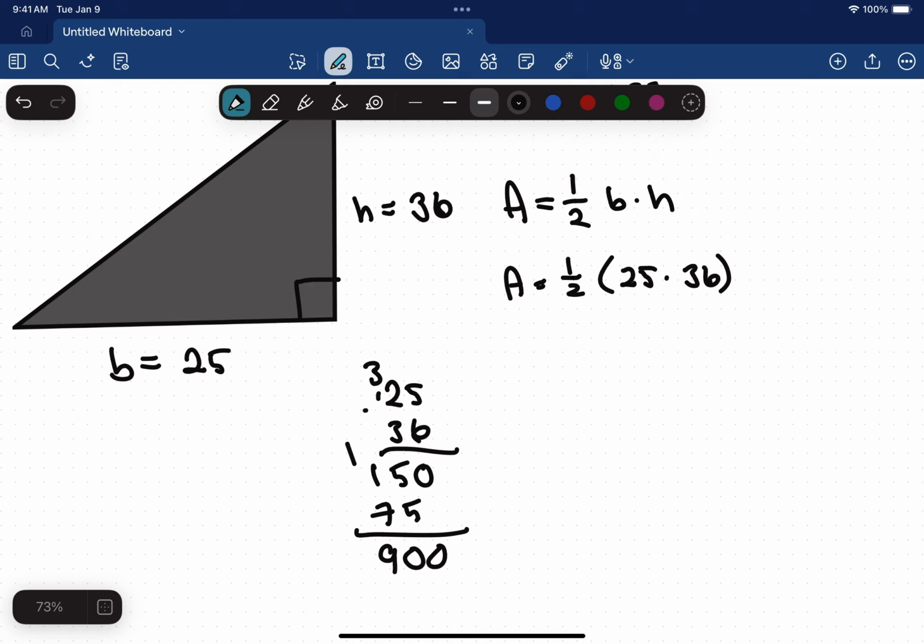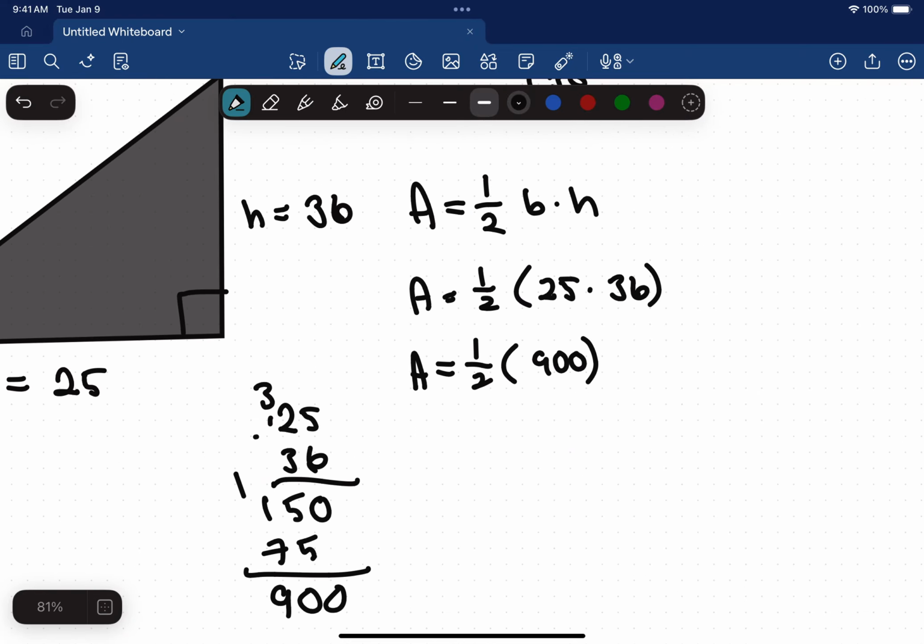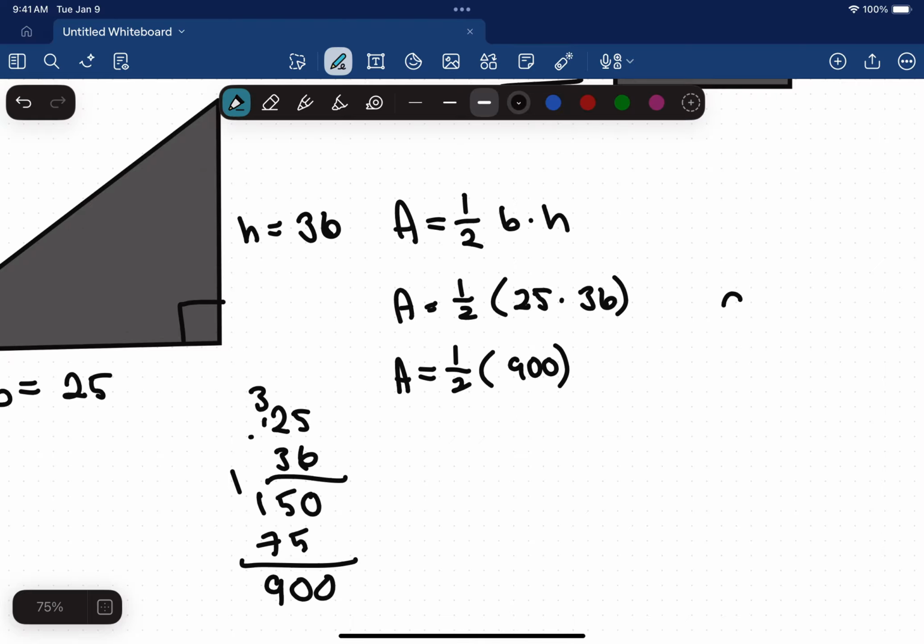Just going to make sure that my math was correct, hopefully. 36. Yeah, cool. 900. So it's going to be A equals 1/2 times 900. And now we just multiply 1/2 by 900, which is going to be 900 divided by 2.